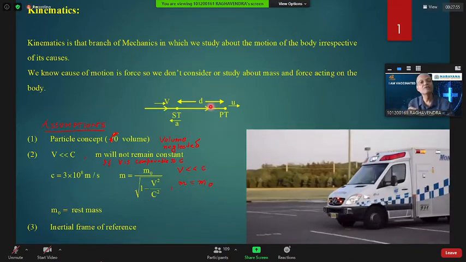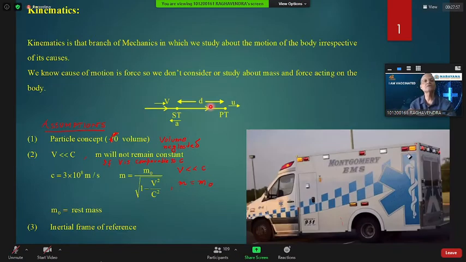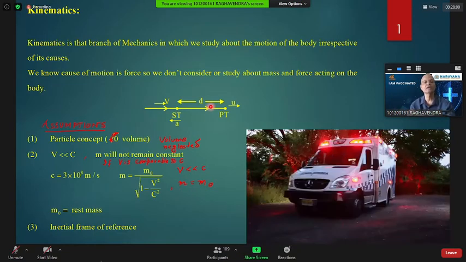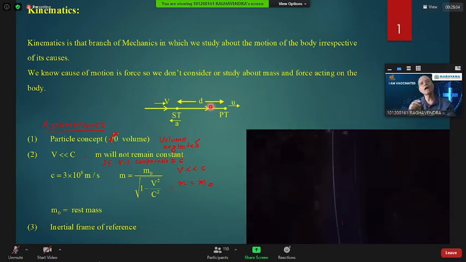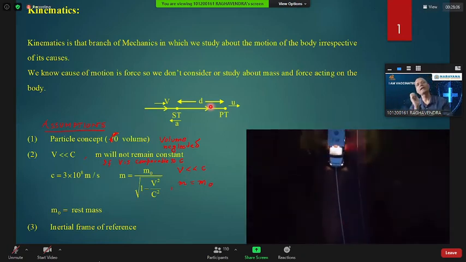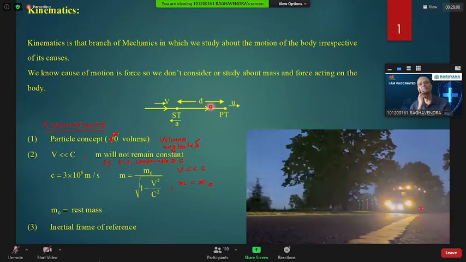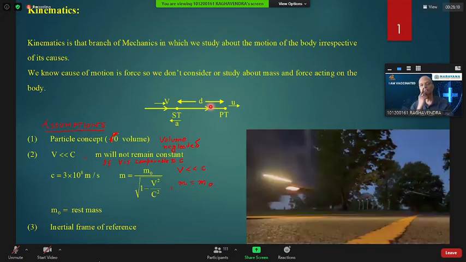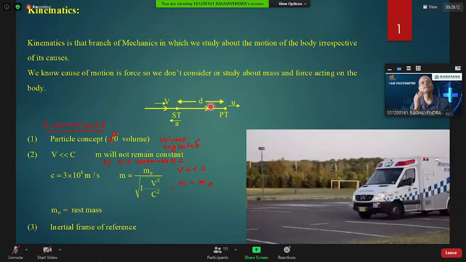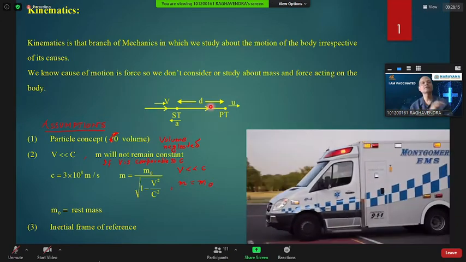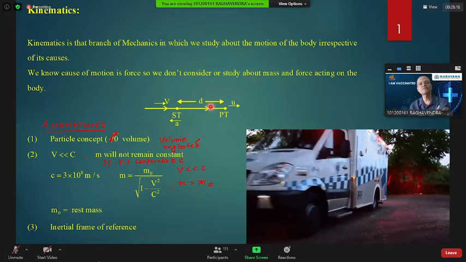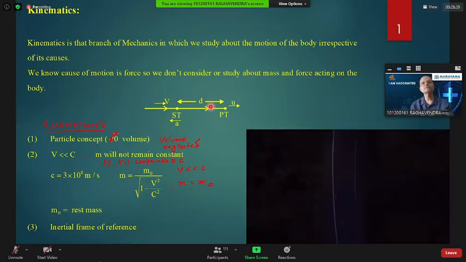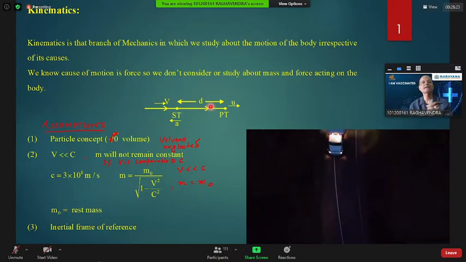The branch of physics which gives the answer to this very first question is known as kinematics. And after this, whatever question may come in your brain: How has the brake worked? When the brake is applied, how much distance has the express train gone? What is the mass of the express train? How much retarding force has acted on the express train?